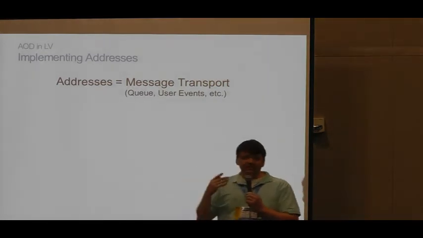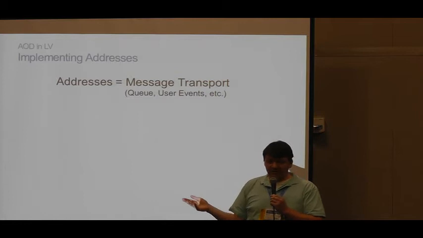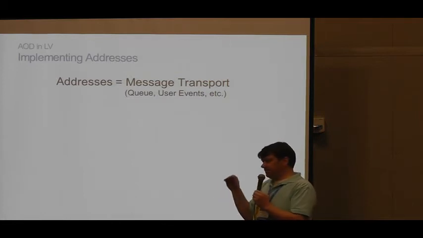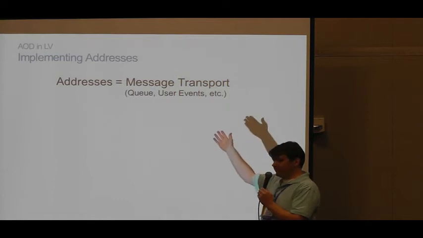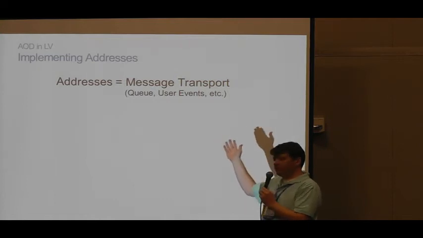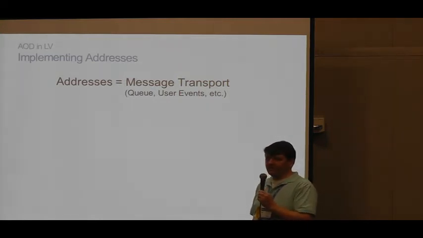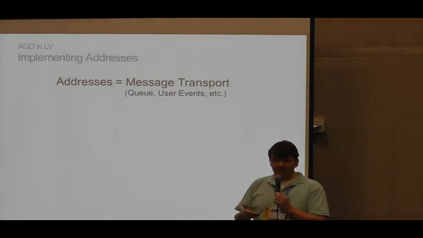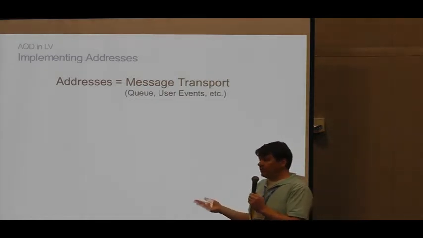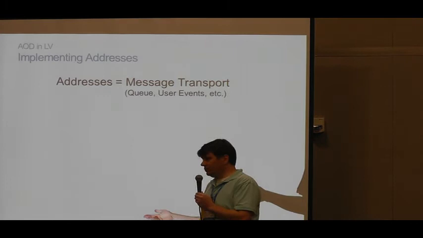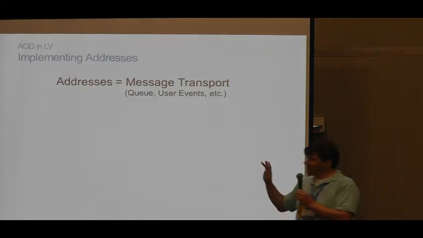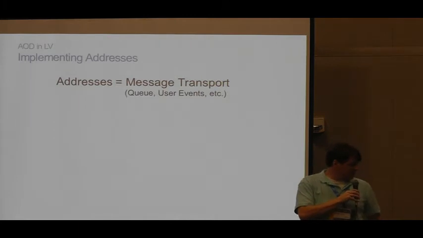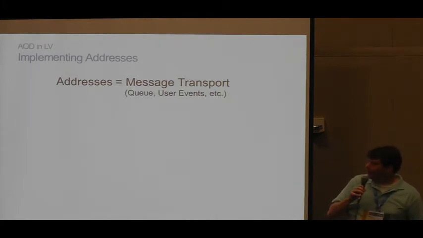It's for transporting a message from one actor to another actor. Most of the time, it makes sense to use something like a queue or a user event as a transport mechanism. You can use other things that you may not expect would suit the transport role, but I don't want to get into that right now because it's a big rat hole. So we won't go there.